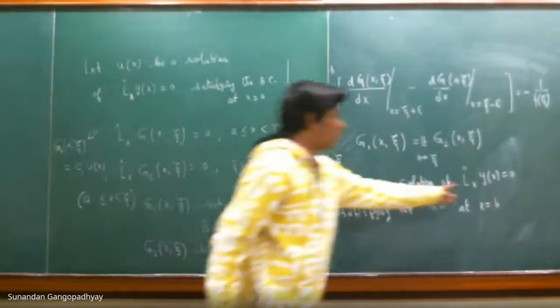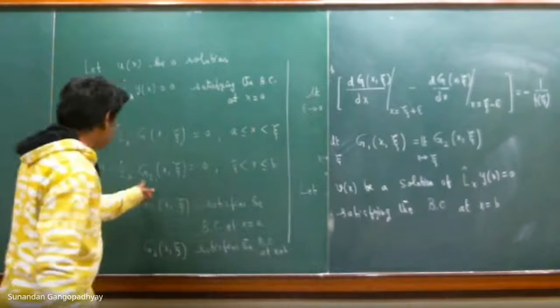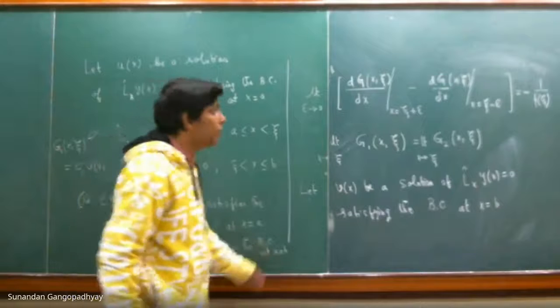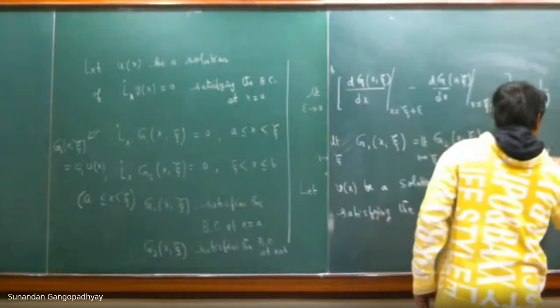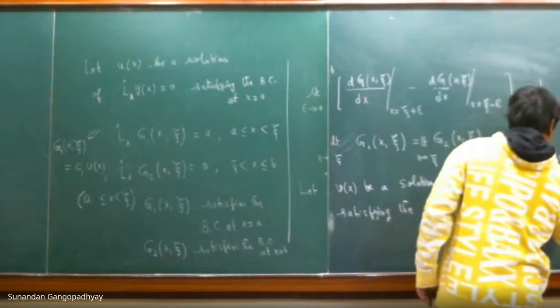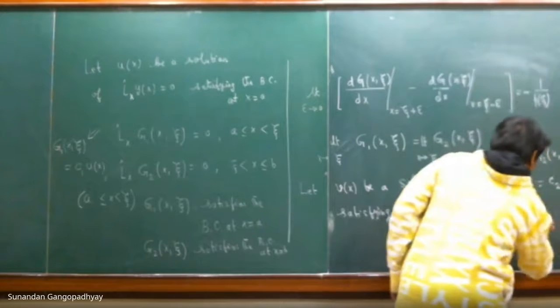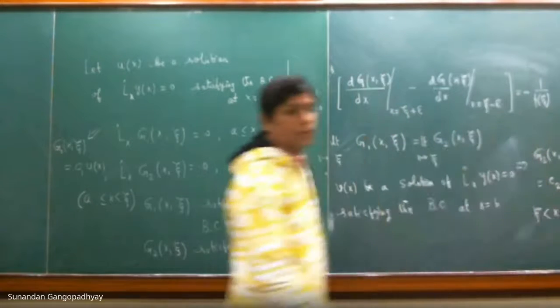But G2 is also a solution of the same equation satisfying the boundary condition at x is equal to b. This implies that G2 x comma xi must be proportional to V of x in this interval, right?